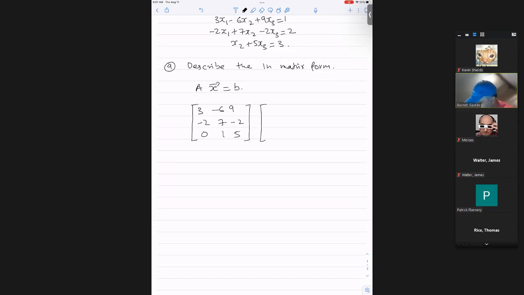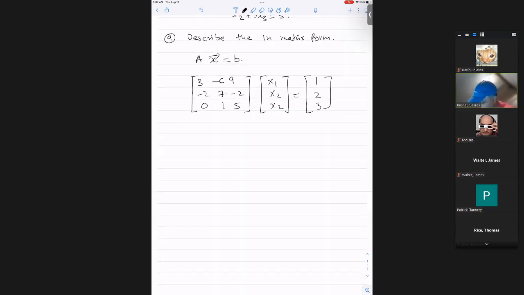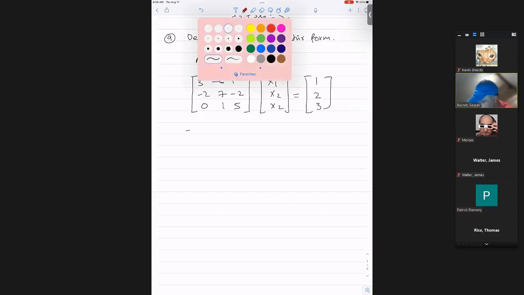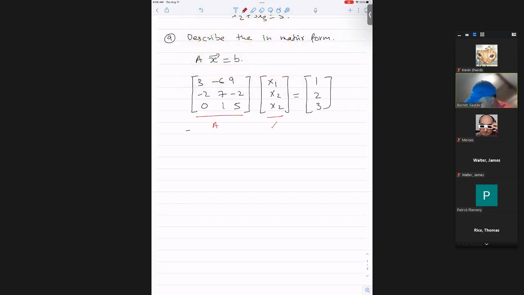This is your x vector, and your b is 1, 2, 3. This is your A, this is your x, and this is your b. If you want to do row reduction, we can do the augmented form. Or if you want to do Cramer's rule, it's up to you.